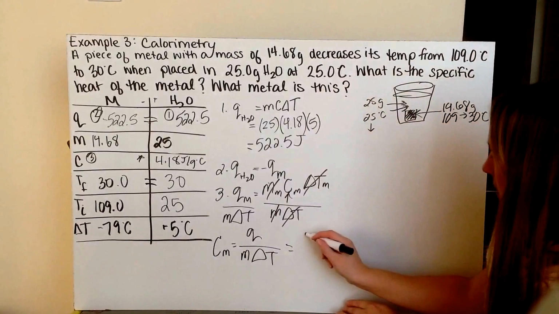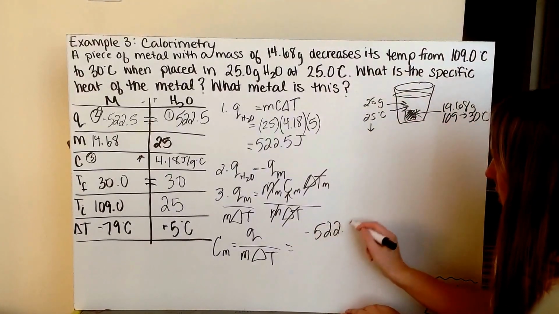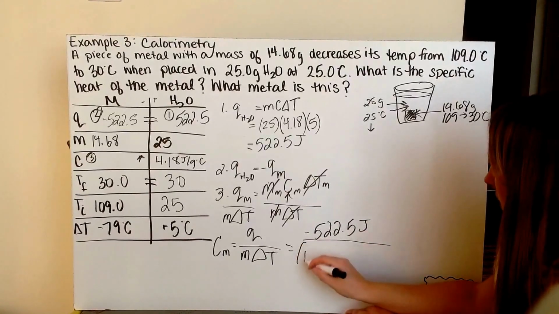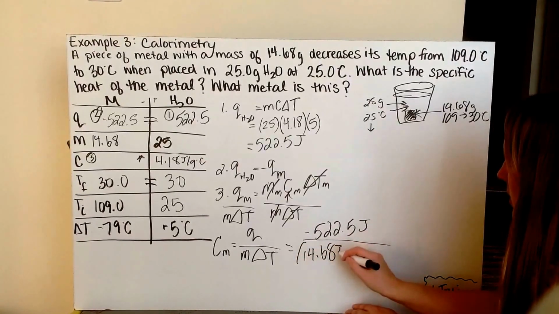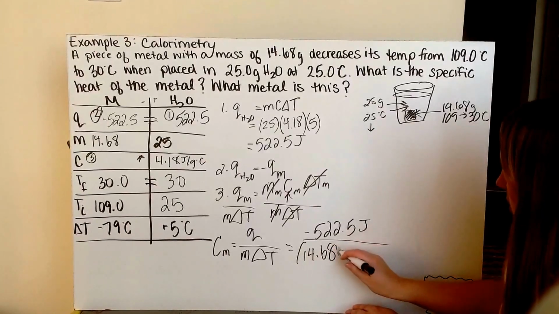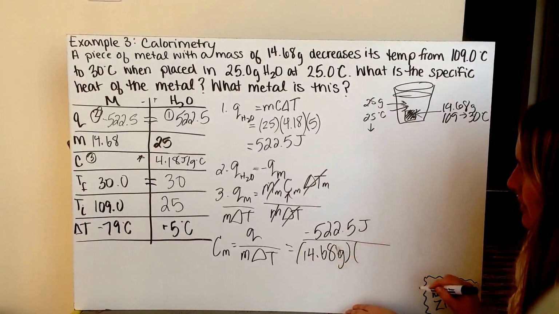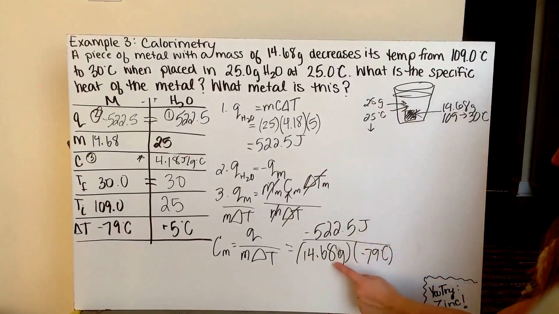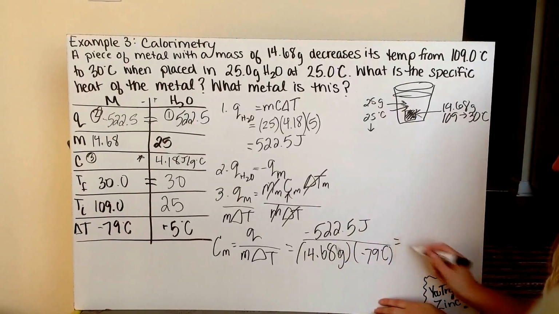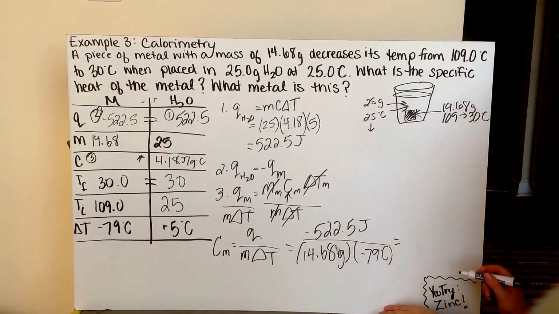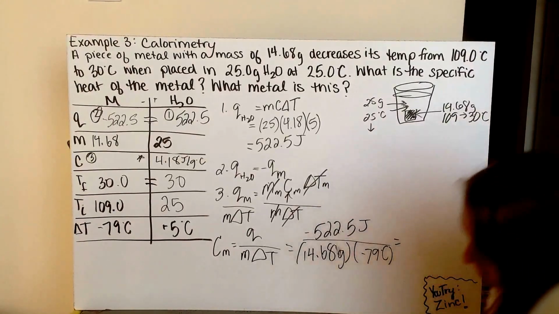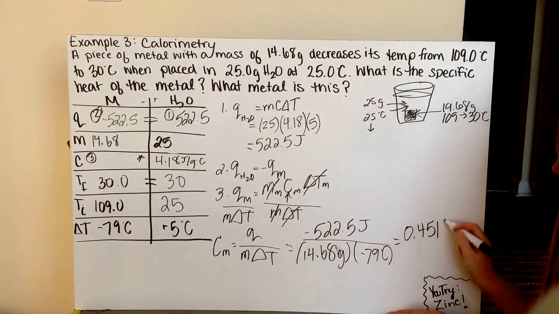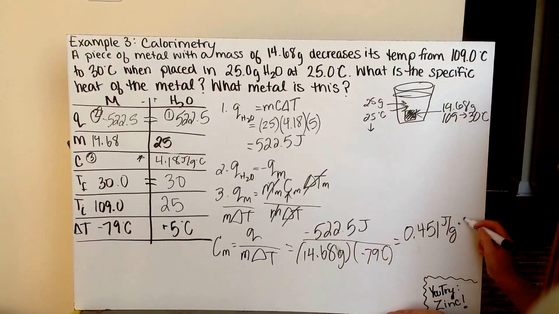Plug in, I have negative 522.5 joules divided by mass of 14.68 grams times my change in temperature of negative 79 degrees Celsius. Joules per gram degree Celsius. That's specific heat. When I do this, I find my specific heat is equal to 0.451 joules per gram degree Celsius.